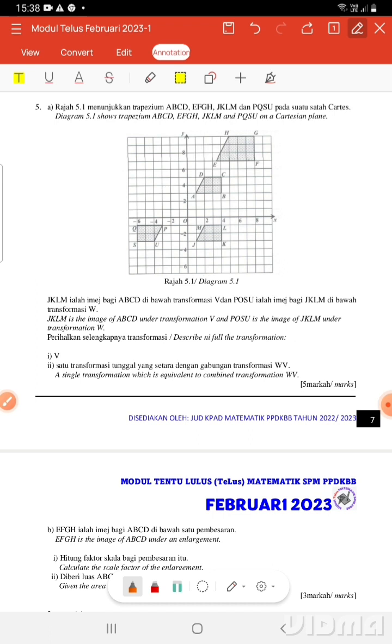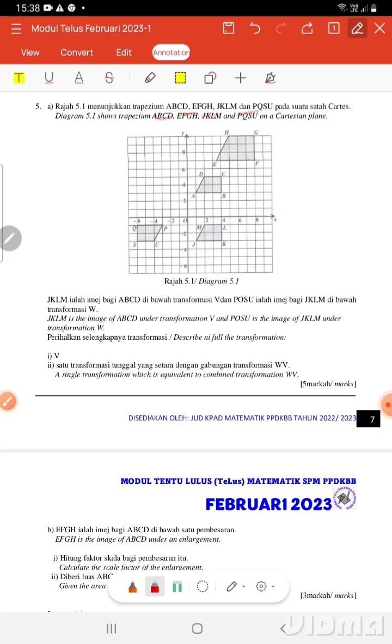Diagram 5.1 shows trapezium ABCD, EFGH, JKLM and PQSU on a Cartesian plane.